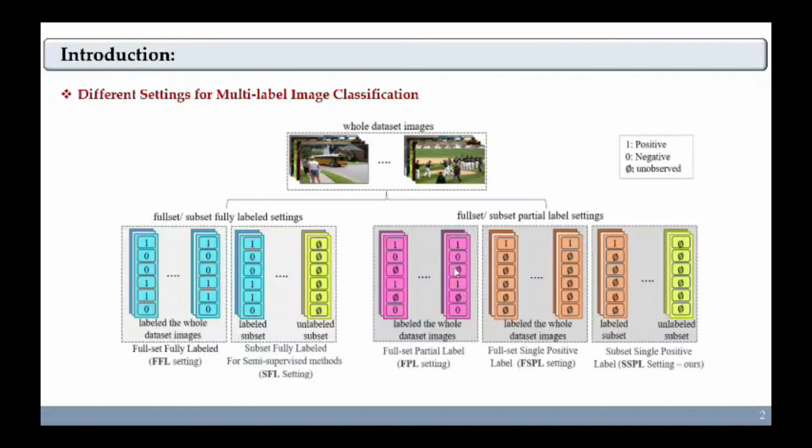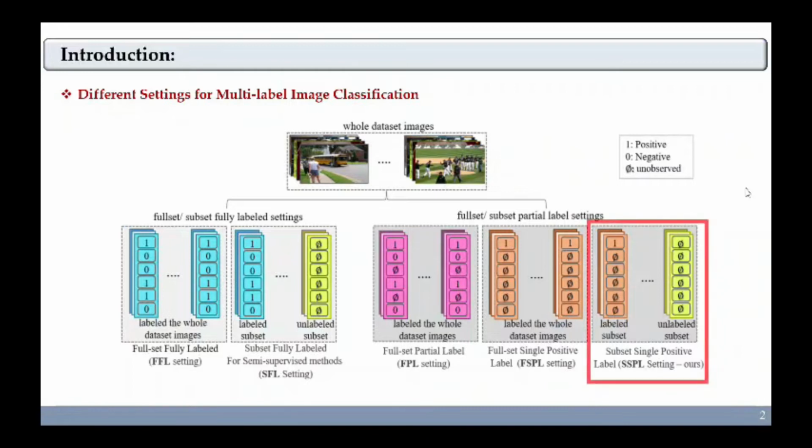In the second category, part of the positive and negative labels are annotated. We have different settings. In the first setting, at least one positive or negative label is annotated in the whole images of the dataset. In the second setting, only one positive label must be annotated in the whole images of the dataset.